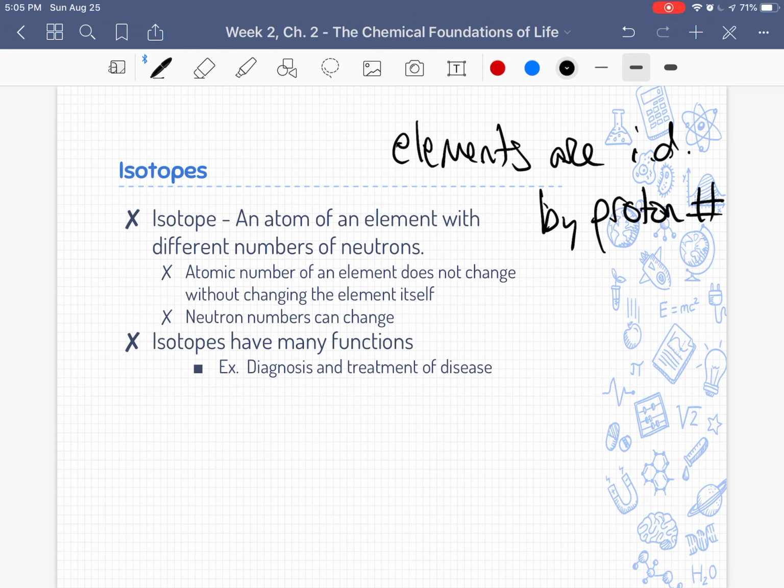The proton number is kind of like the "Hello, my name is oxygen" tag. If the proton number changes, it changes the element itself. If I change hydrogen's proton number from 1 to 2, I no longer have hydrogen, I now have helium. But the electron numbers within an atom can change, and the neutron numbers can change. If I have an atom of a particular element with different numbers of neutrons, I have an isotope.